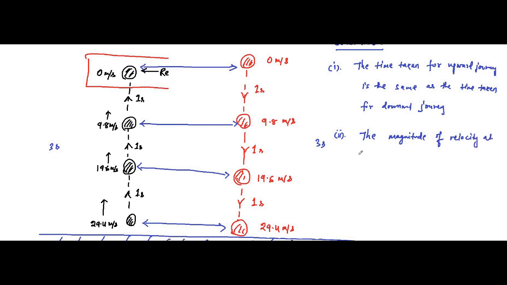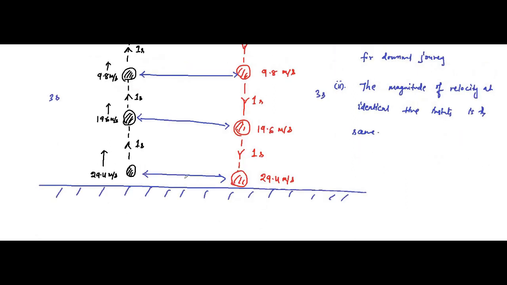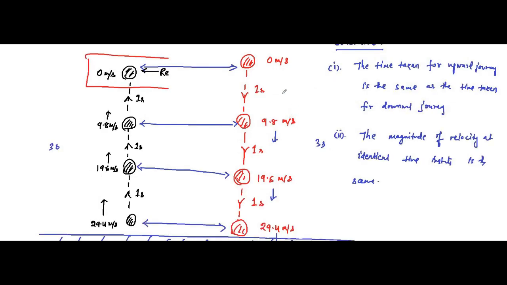At the same identical position it is 29.4 meters per second upwards, and at the same position it is 29.4 meters per second downwards. These are all downwards. The velocity is downwards.